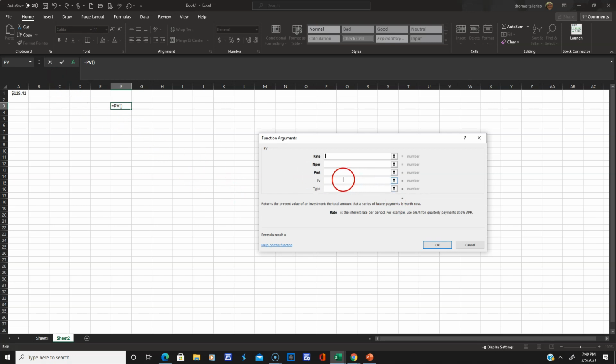Let's say our future value, which we know over here, was 119.41, right? So the question is, how much today would I have to put in the bank to accumulate 119.41?